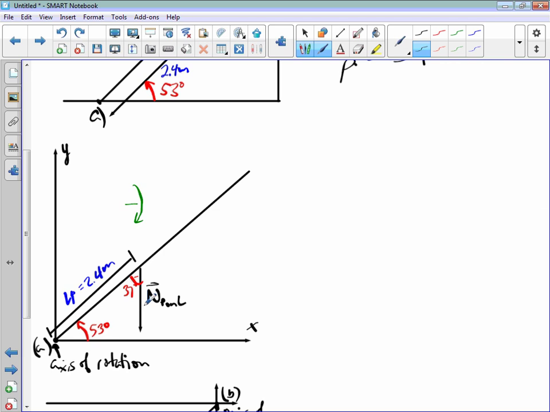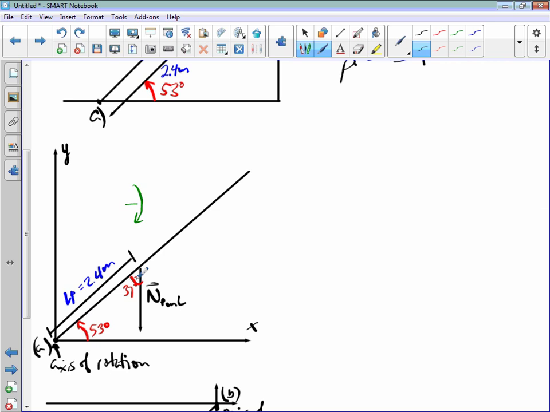I don't fully understand why, even after looking at the reasons behind it, but we'll go with it. It's a force regardless. If this is 53, this has to be 37 degrees. And it would cause a rotation like this, which would be a negative rotation. And it's on an XY coordinate.